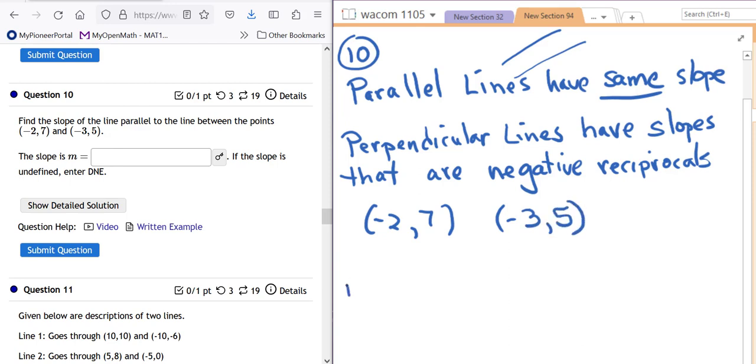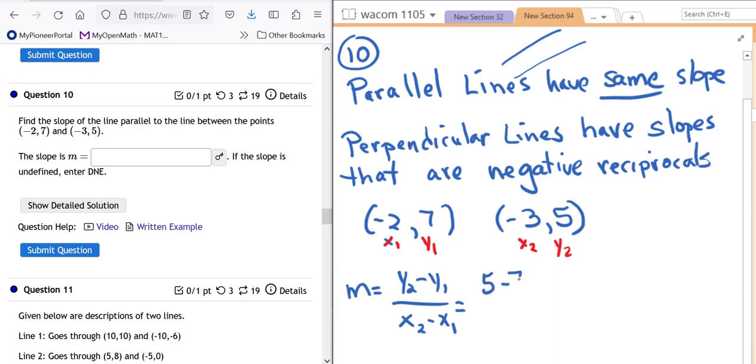So this is the skill we did earlier, and we labeled our points to make it a little easier. And then we wrote our formula, changing y's on top. And this is a formula you need to make sure you know. And then you just plug in.